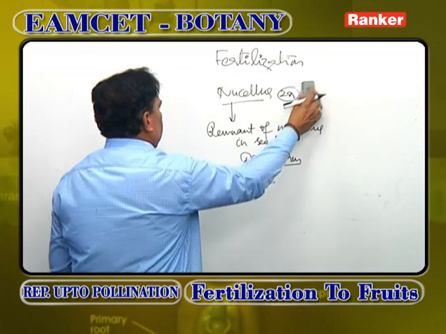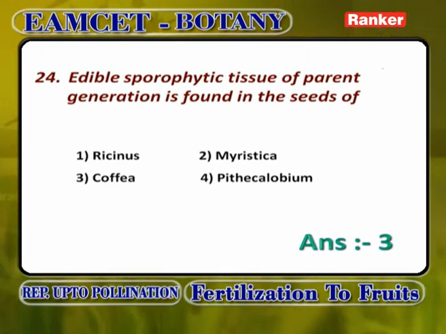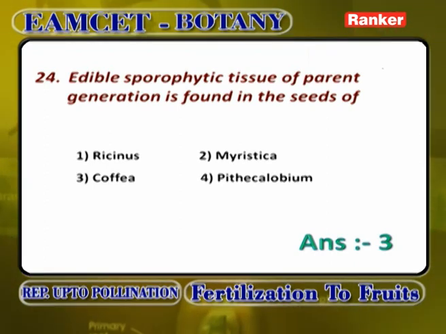Perisperm is the remnant of nucellus, and this nucellus can be regarded as a parental sporophytic tissue. Ricinus is not the answer, because Ricinus shows caruncle, Myristica shows mace, Pithecolobium shows aril. So aril, extra outgrowths of the seed, are found in Pithecolobium, Myristica and Ricinus. They are not edible. Only Pithecolobium is edible, but not the parental one. Coffea is the only answer because parental sporophytic tissue means nucellus converted into perisperm.